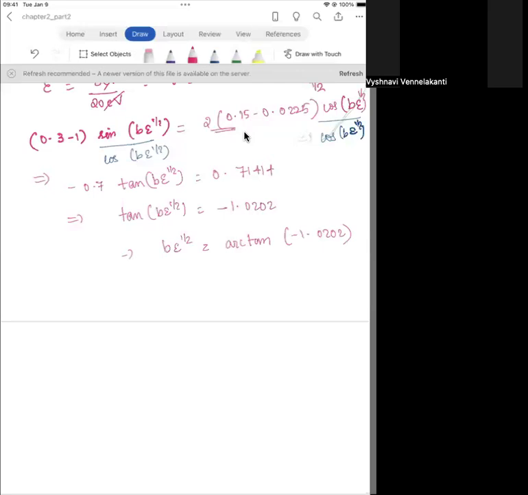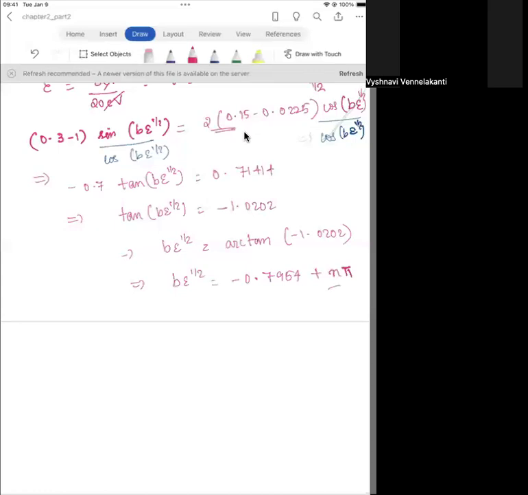I'm just going to use the Omni calculator on the internet, and negative 1.0202 gives me the value of negative 0.7954 plus n pi.